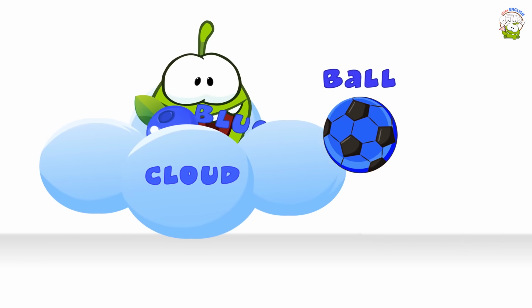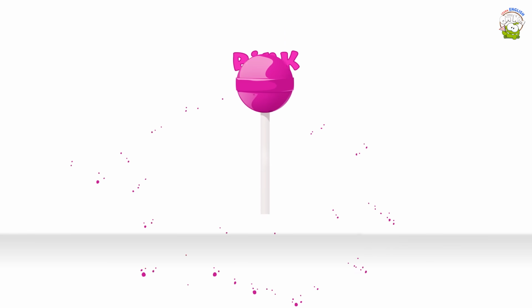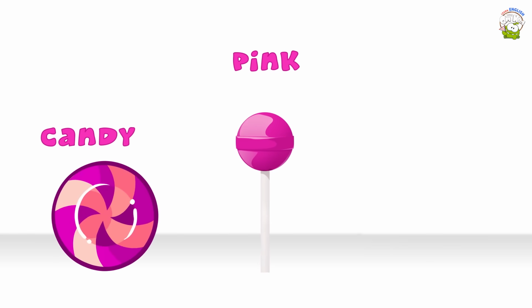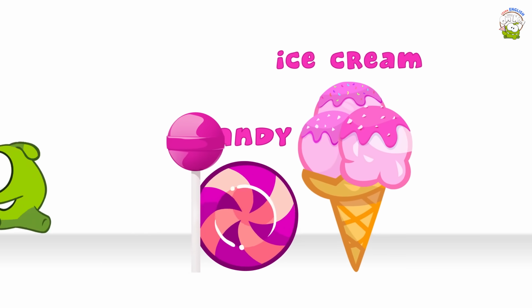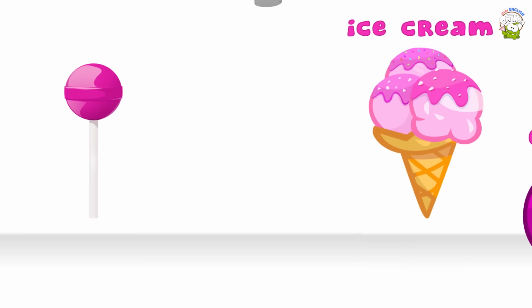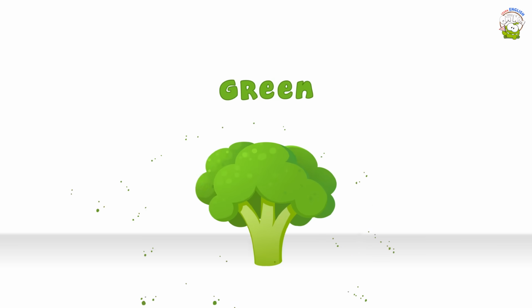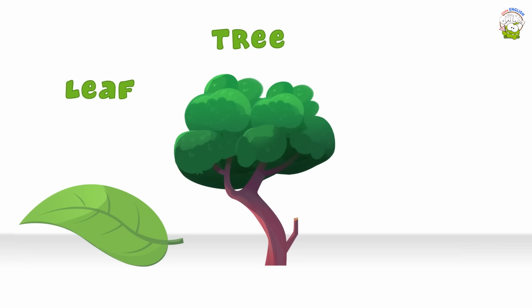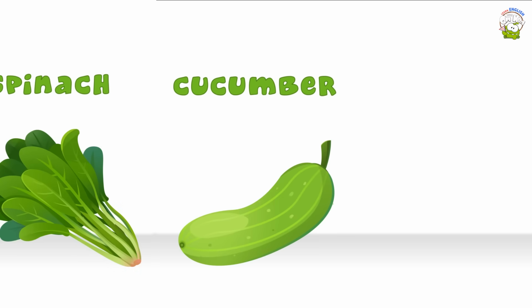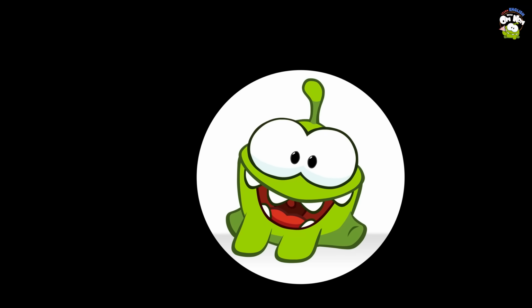This is fun, so sing out loud. What color is the lollipop? Pink, pink. The lollipop is pink like a candy, like an ice cream. This is wonderful, just like a dream. What color is the broccoli? Green, green. The broccoli is green like a leaf and the trees, like spinach, cucumber, lettuce and peas. And Om Nom!